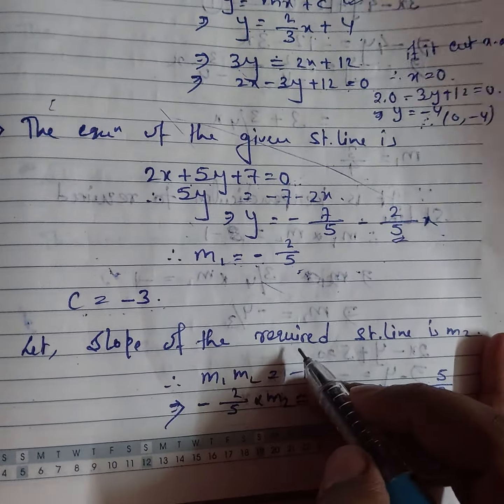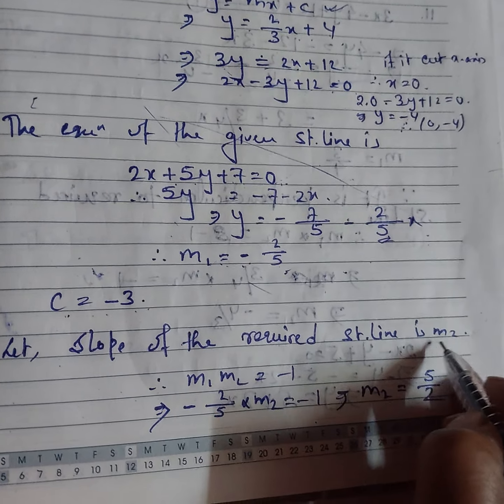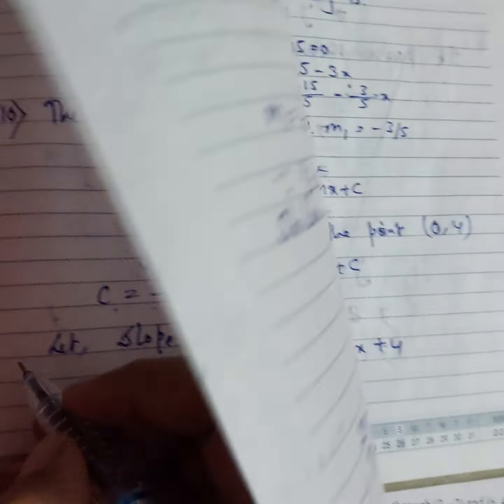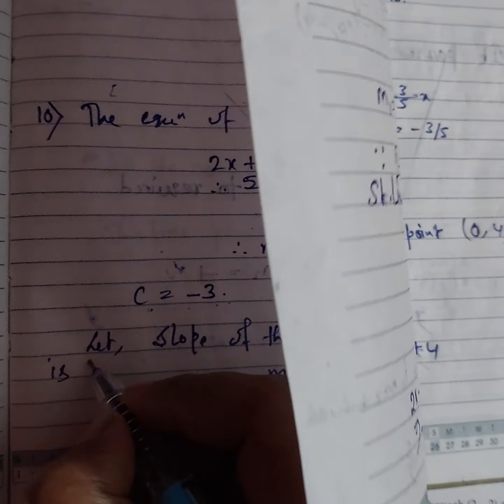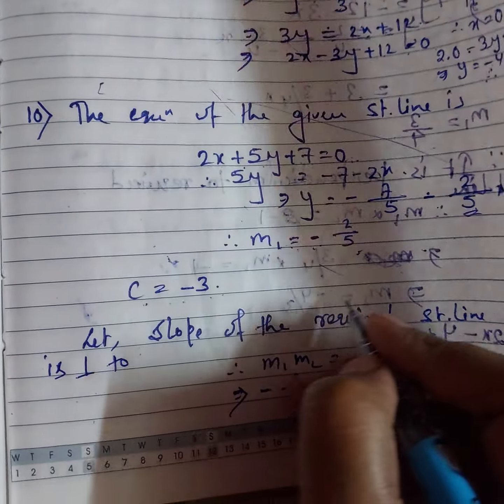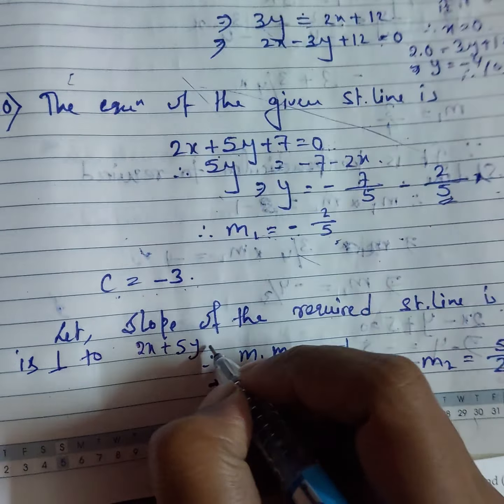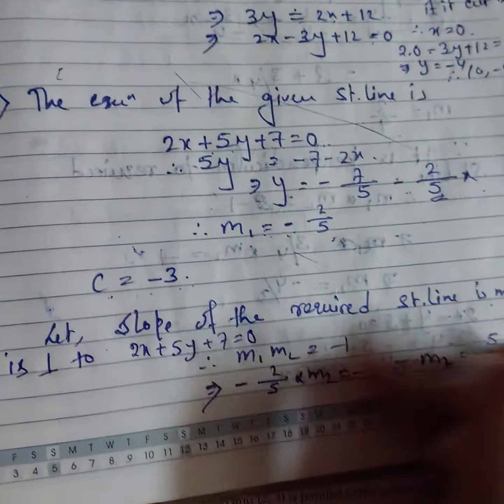Now let the slope of the required straight line be m2, which is perpendicular to 2x plus 5y plus 7 is equal to 0.